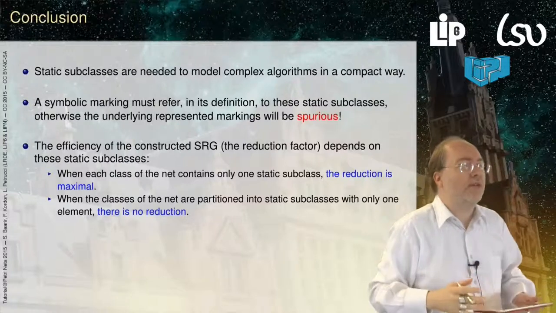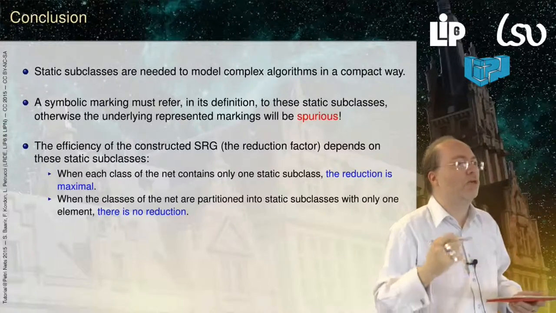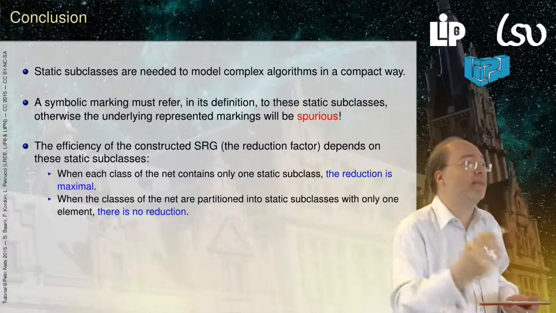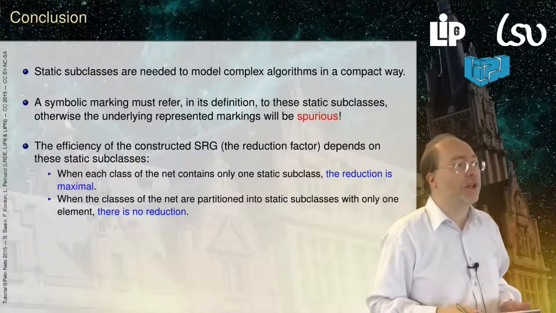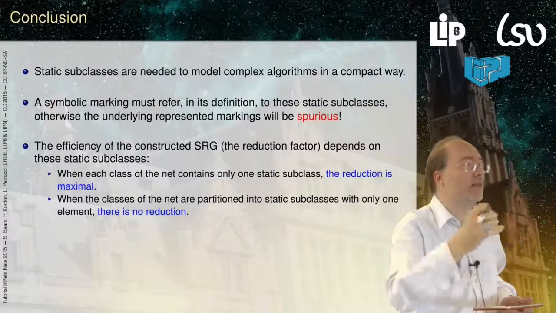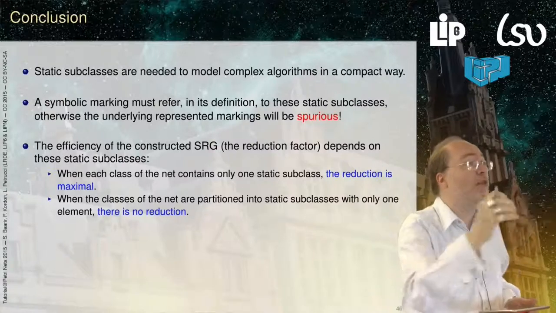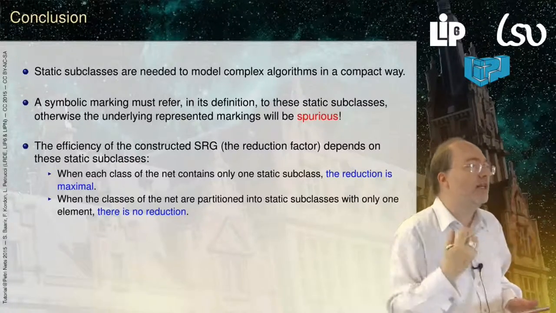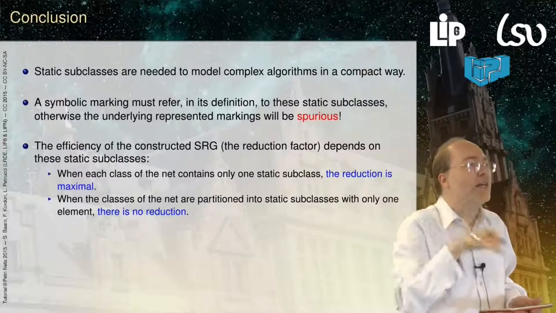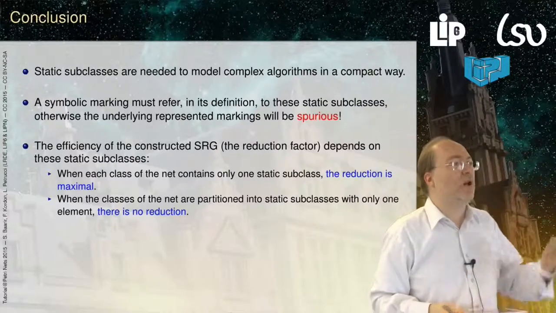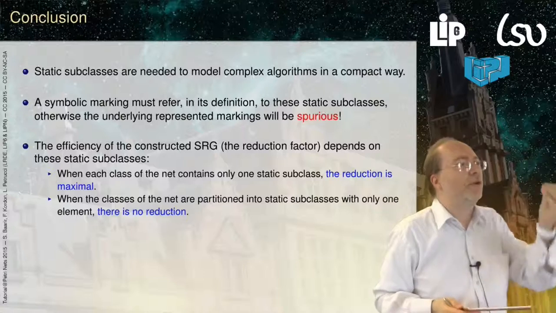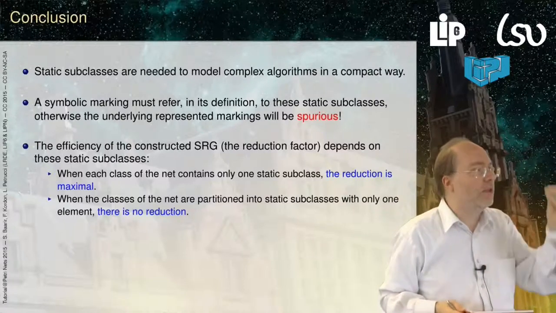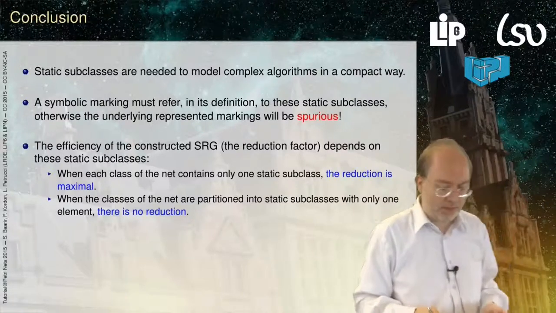But you don't have this split into what we call explicit execution of the net, where you have an explicit reachability graph where all the values are enumerated. You still keep the advantage of having these dynamic subclasses where you take care about the number of elements that is coming from that type.